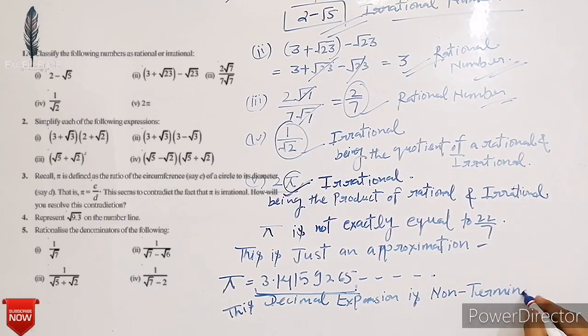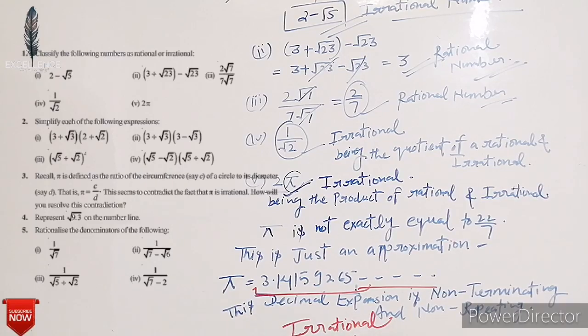This decimal expansion is non-terminating and non-repeating. So you know very well that numbers of the type non-terminating and non-repeating are known as irrational numbers. Okay students, the numbers of the type non-terminating and non-repeating are known as irrational numbers.